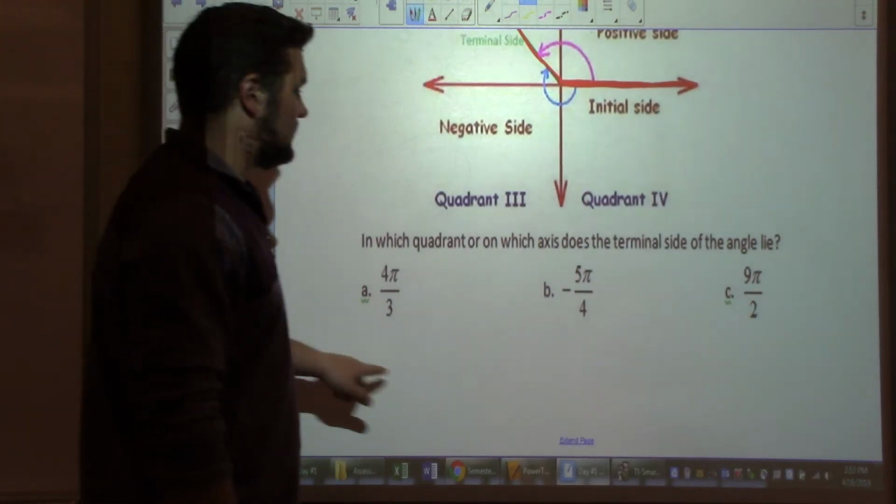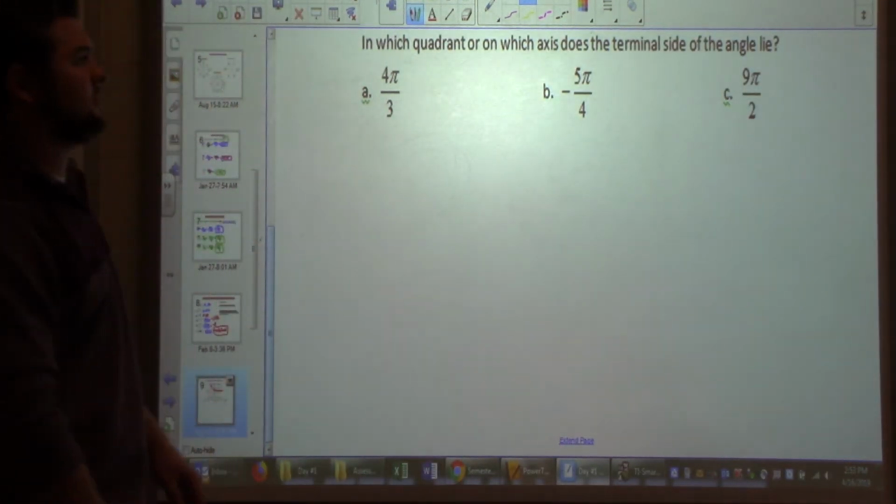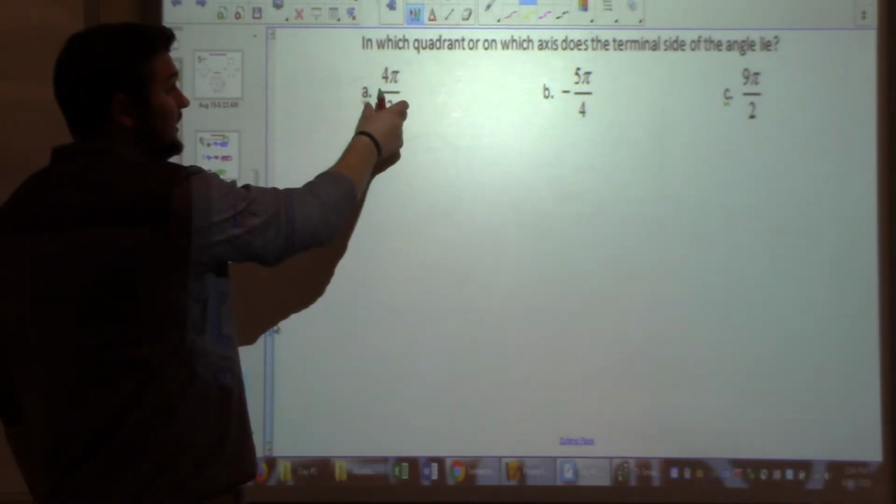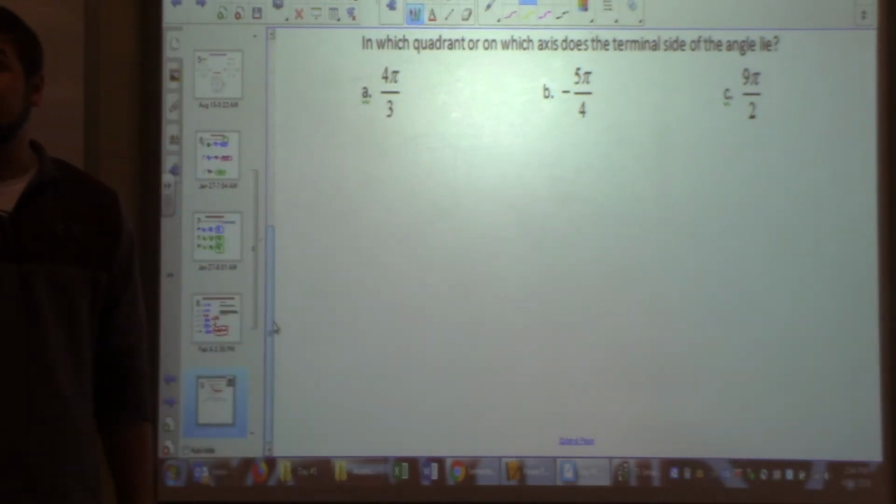So, in what quadrant or on which axis does the terminal side of the angle lie for 4 pi over 3? How many of us know how far 4 pi over 3 is on that circle? So that's 0. 0 of us know. So what should we do? Convert it to degrees. If you can't figure it out, convert it to degrees.